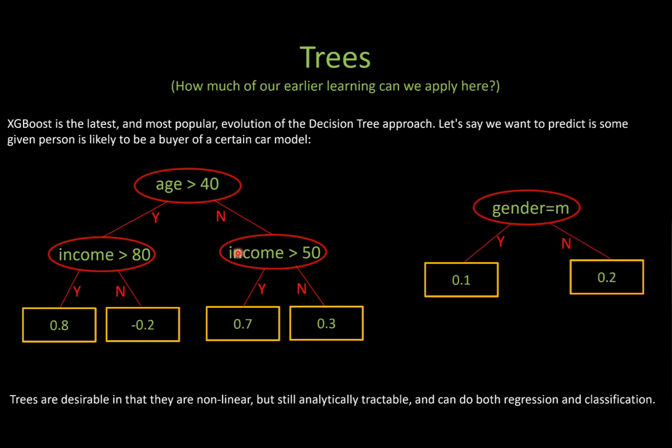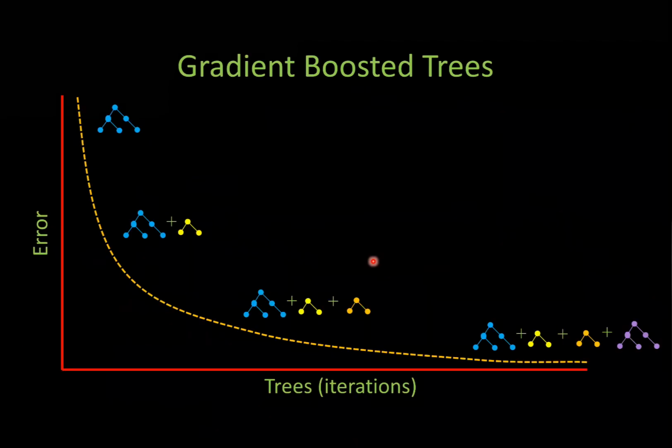And we can try to improve this by having more trees that have more factors. So we can have another tree here that maybe includes gender. And this is a factor that maybe has an influence on purchasing desirability. Each one of these tree leaves contributes some factor, good or bad, towards whether this is a potential car buyer. So trees are very intuitive.